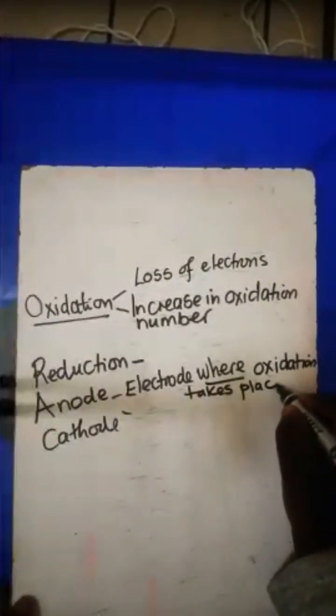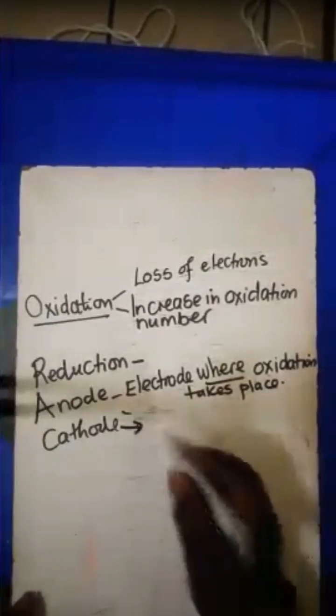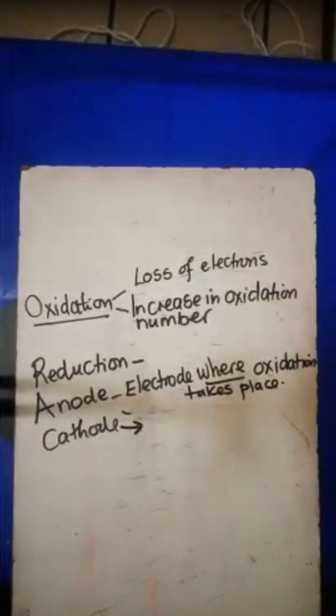Remember, oxidation is the loss of electrons. So, Tokozani, can you define cathode? I said anode is where oxidation takes place. What is cathode then? Where reduction takes place. Thank you. Where reduction takes place.